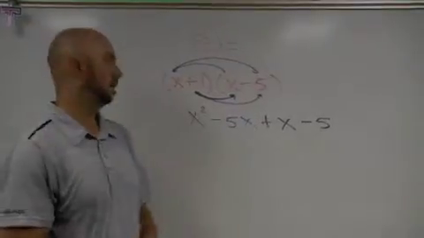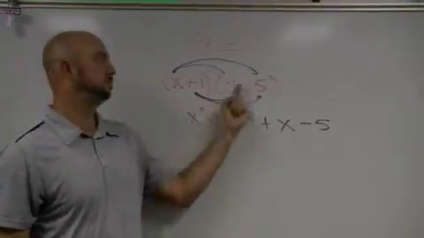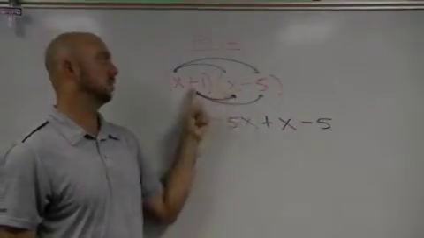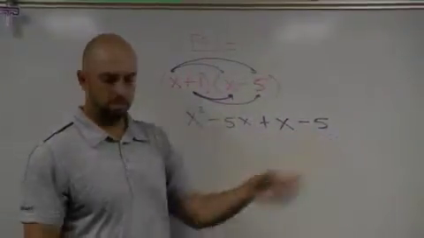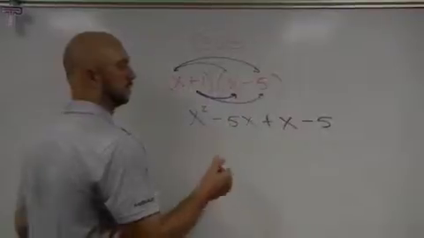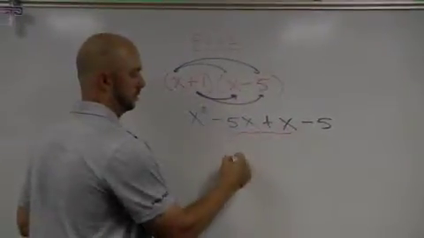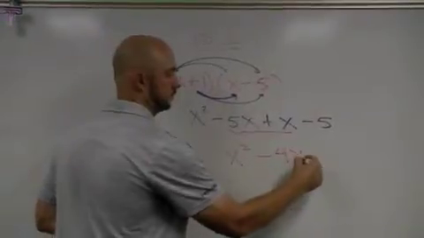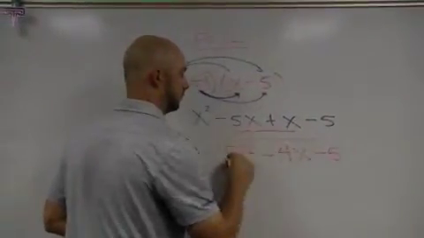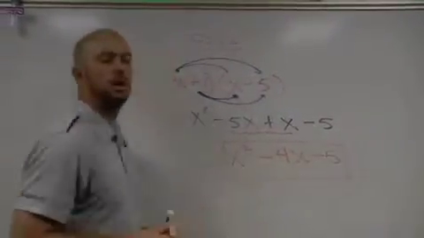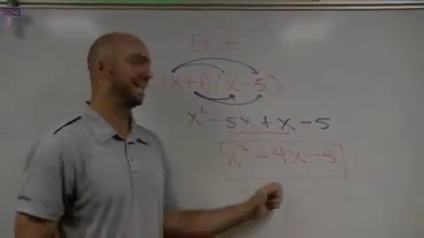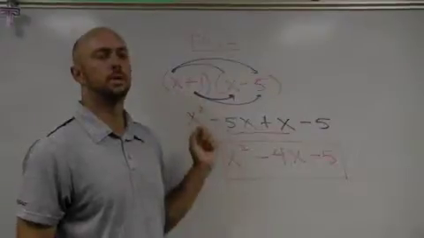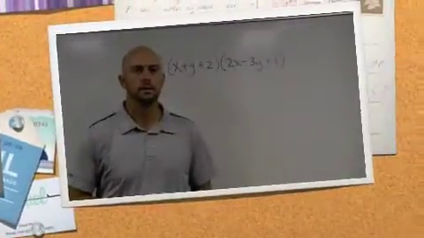Take each number on the left, multiply it to each piece on the right. All of a sudden, our final solution is combining like terms. Minus 5x plus 1x. This polynomial here, this quadratic, can be factored to these factors. FOIL, first, outer, inner, last.